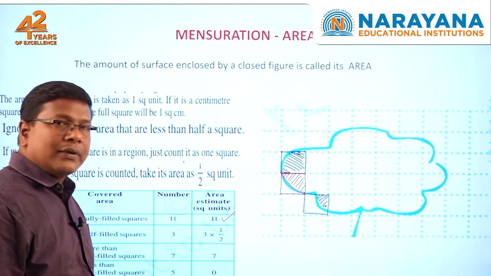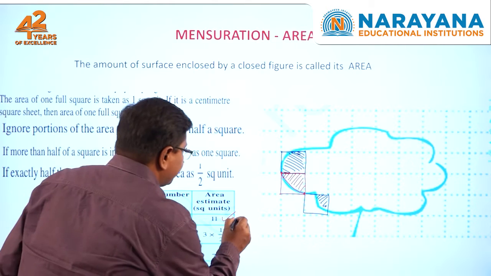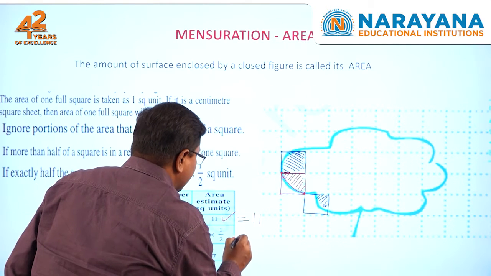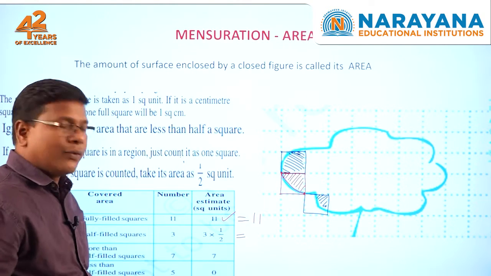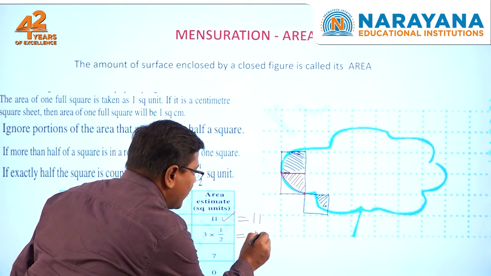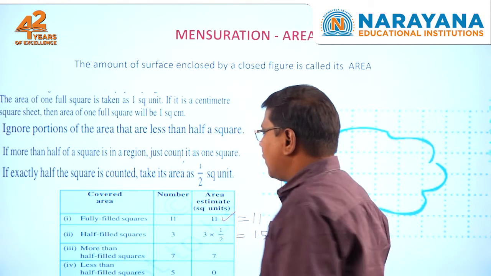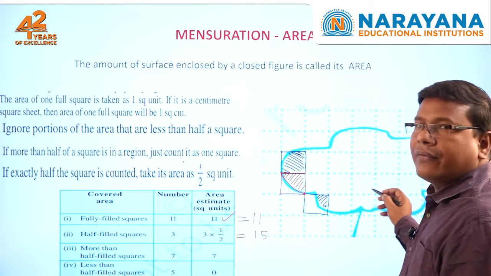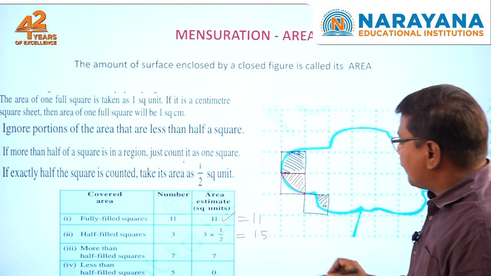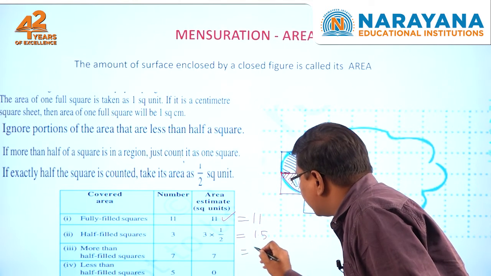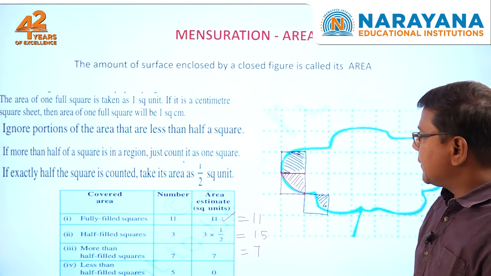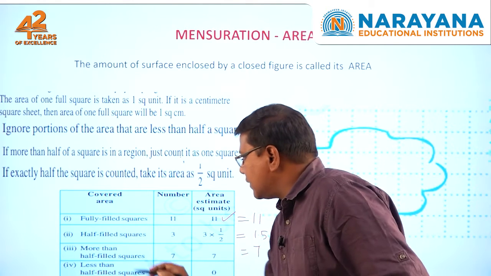Therefore, 3 into half gives 1.5 squares. More than half filled squares are 7, therefore its value is 7 squares. Less than half filled squares are 5.